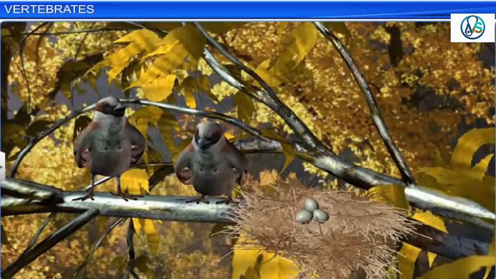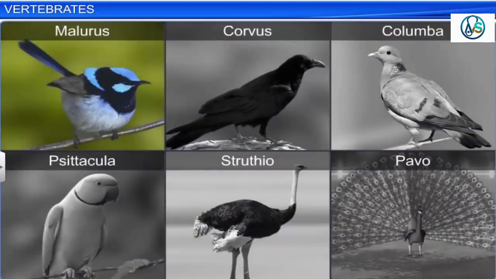In birds, the sexes are separate and fertilization is internal. They are oviparous and exhibit direct development. Malurus, Corvus, Columba, Psittacula, Struthio, and Pavo are some common examples.